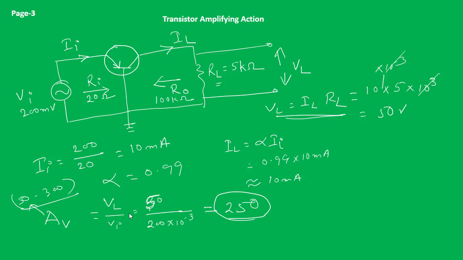Now one may ask, what is the reason for this conversion from 200 millivolt to 50 volt? From where are we getting this? We are getting this basically from the biasing voltage. These biasing voltages are helping to boost this input voltage.